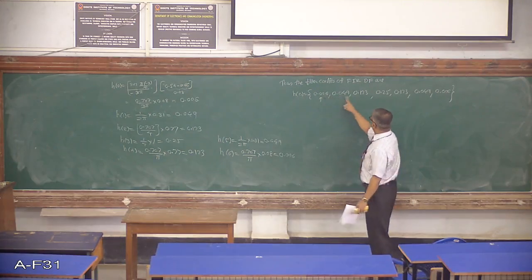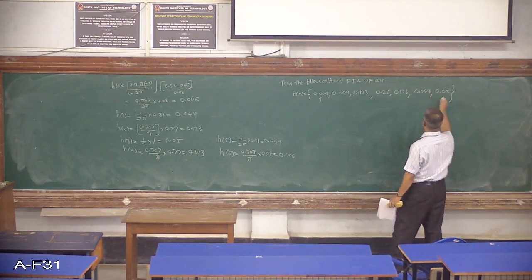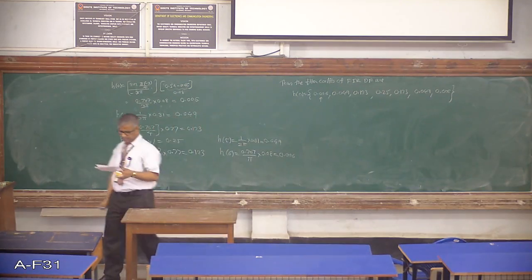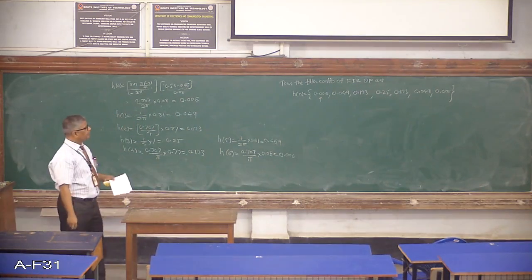So 1, 2, 3, 4, 5, 6, 7. So 7 coefficients were found. These are the filter coefficients.